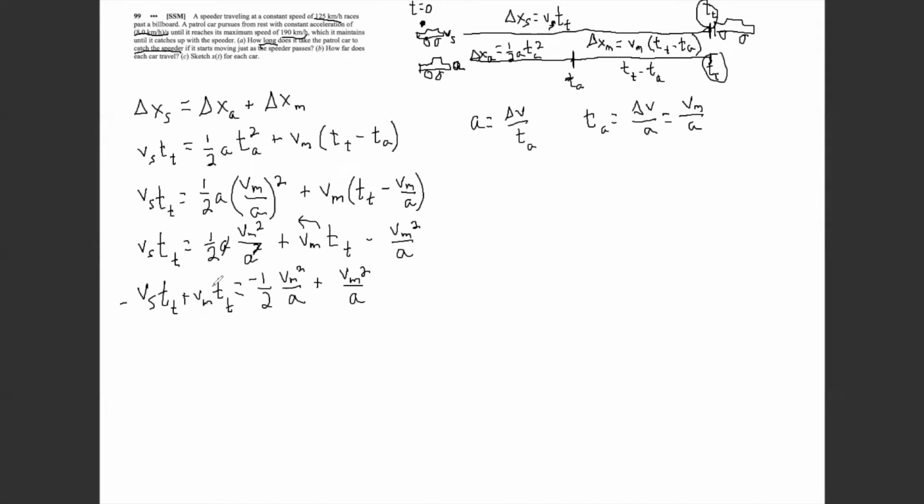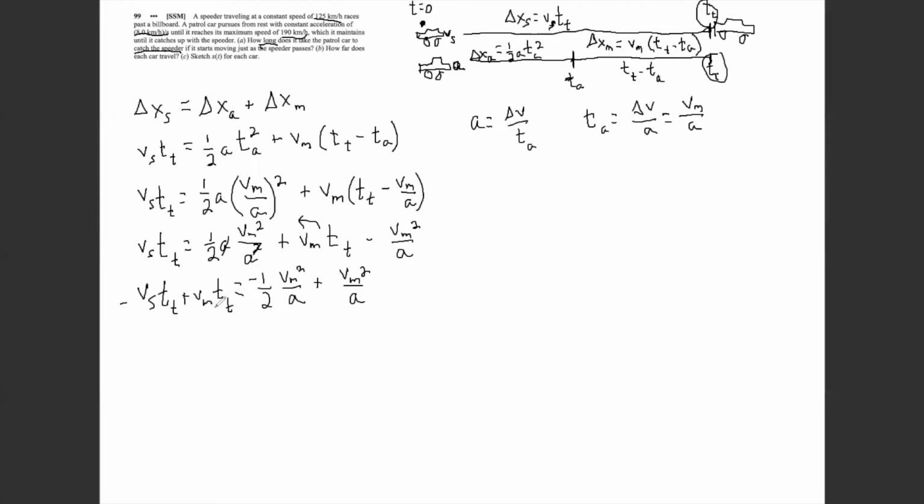And this would be Vm, the max speed of the police officer, minus Vs, the speed of the speeder. The max speed of the police officer is 190 kilometers an hour, and the speeder is 125 kilometers an hour. So this will make everything positive if we do this.